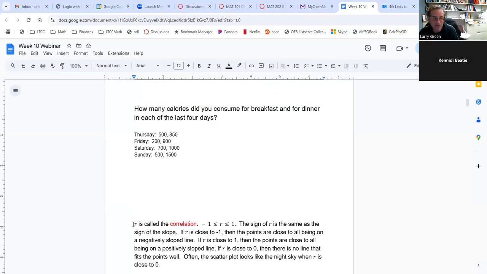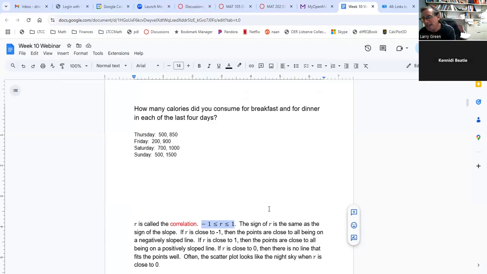So the letter we use for correlation is called R. Okay. So that word is correlation, a very important word. You've heard the word, but you probably haven't heard all the mathematical details of it. A couple of notes: R is always between -1 and 1.